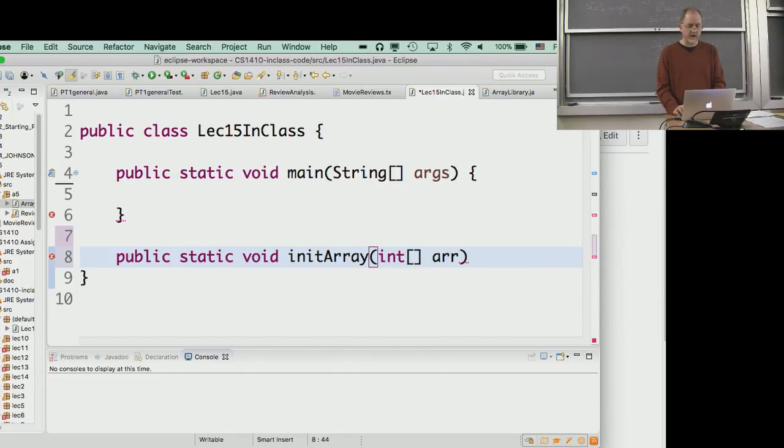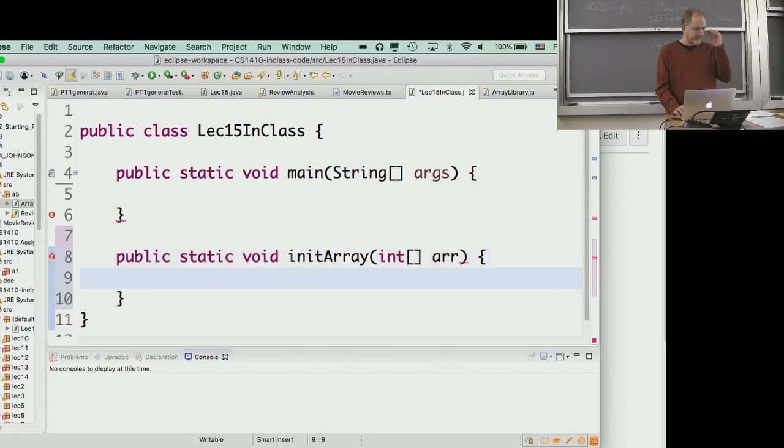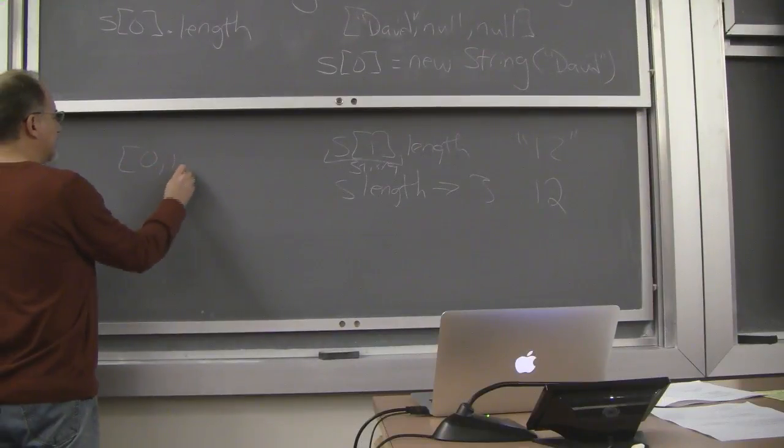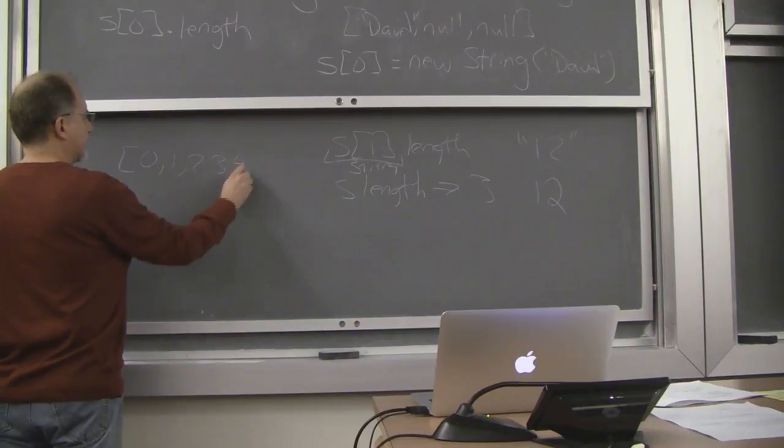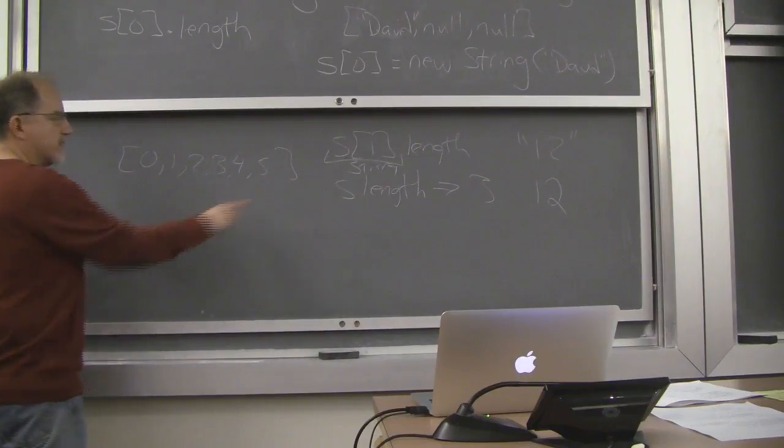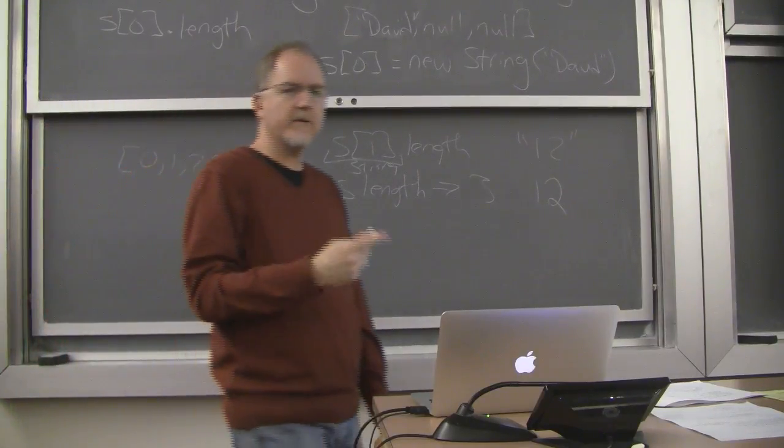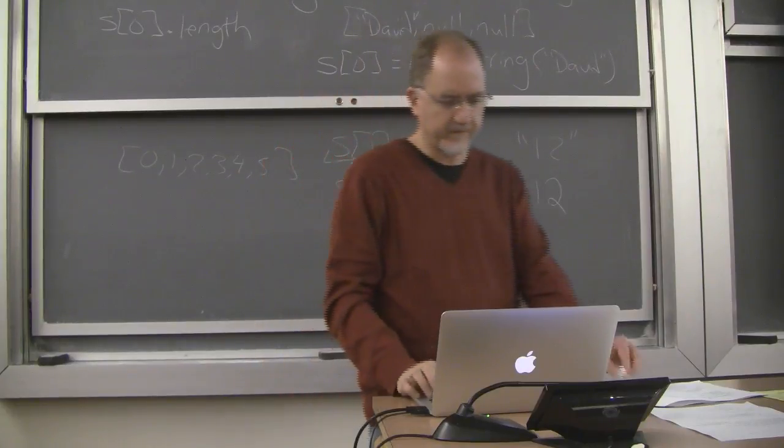So up here we might call init array and pass in an array as an argument, and that reference gets copied here to array.